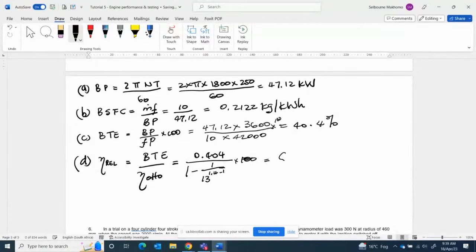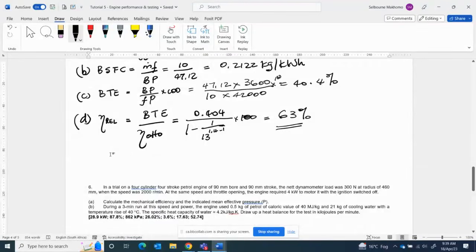And the answer is 63%. In other words, we want to know the ratio of brake thermal efficiency and the Otto cycle. We discussed the Otto cycle last week, so we know what it is. Relative efficiency is 63%. Now comes the most important part of this question, the last one.